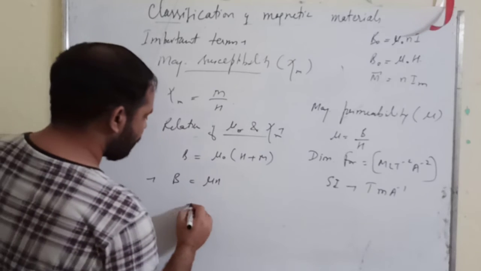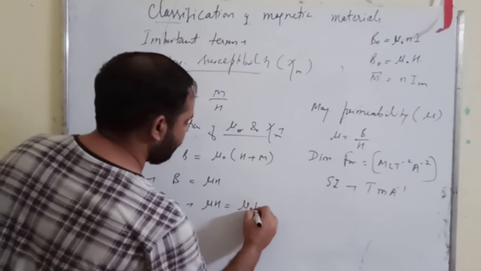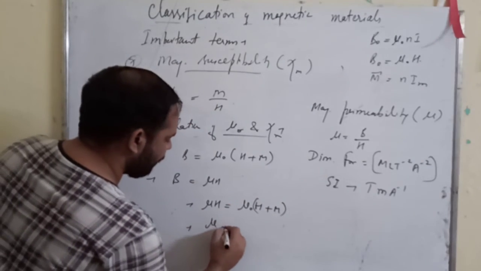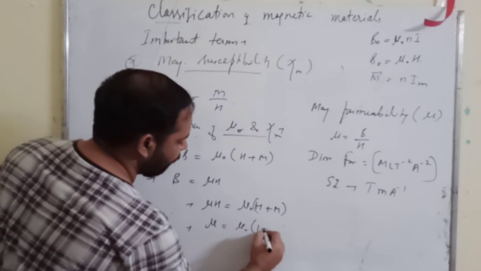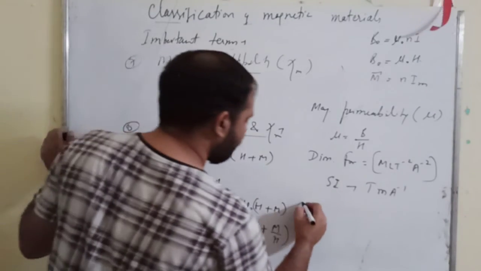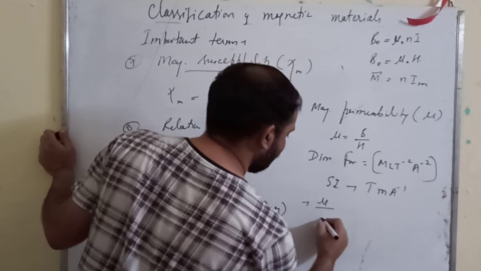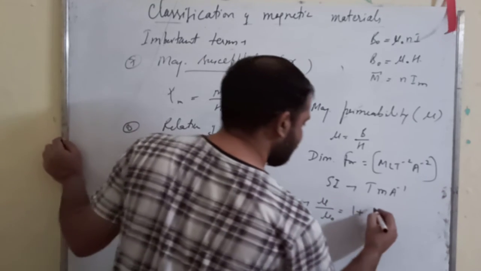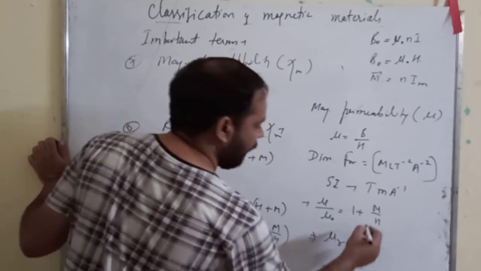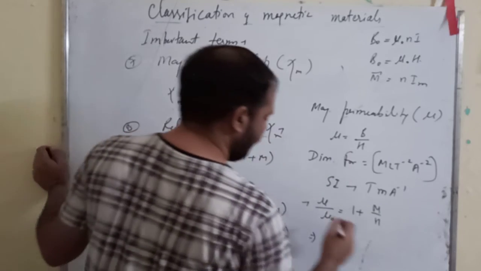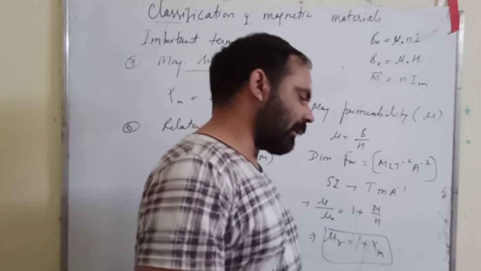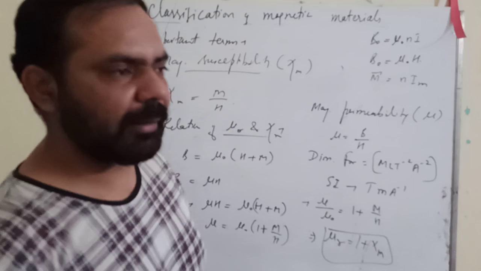It is mu H. So you can say that mu H is equal to mu naught times H plus M. Now divide the whole equation by H, so you get mu is equal to mu naught times 1 plus M upon H. You bring this mu naught here, so you get mu upon mu naught is equal to 1 plus M upon H. Now mu upon mu naught is mu r and M upon H is chi m, so mu r equals 1 plus chi m. This is the relation between the relative permeability and the magnetic susceptibility.